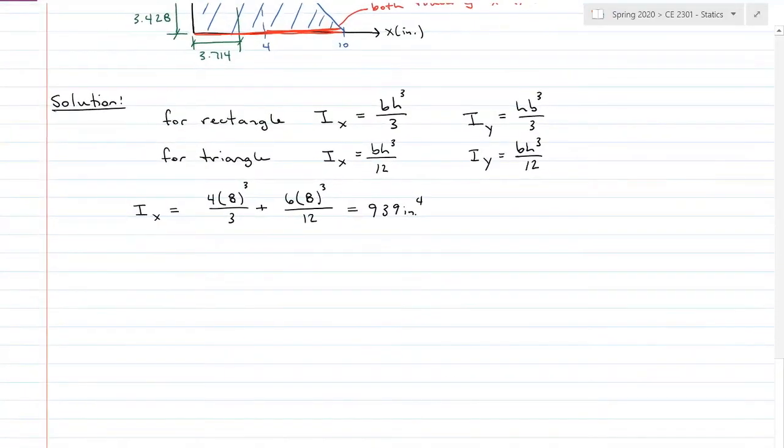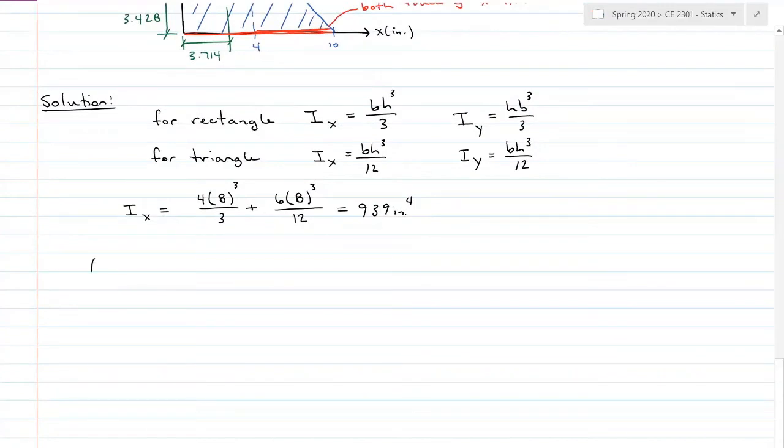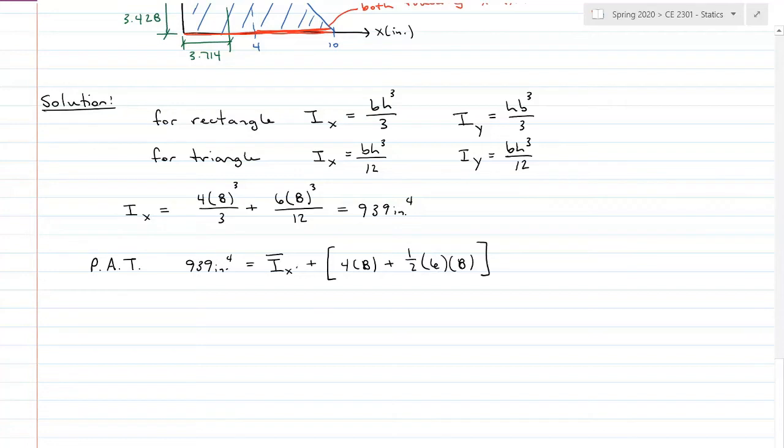Okay, so now that we know that, we can use the parallel axis theorem, and we have 939 inches to the 4th is equal to Ix prime bar plus our area. Oh, I haven't done the area work yet. So that is a rectangle, 4 times 8, plus 1/2 of 6 times 8. So there's my area.